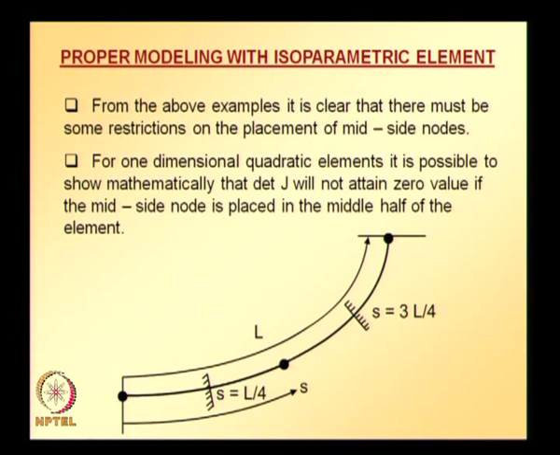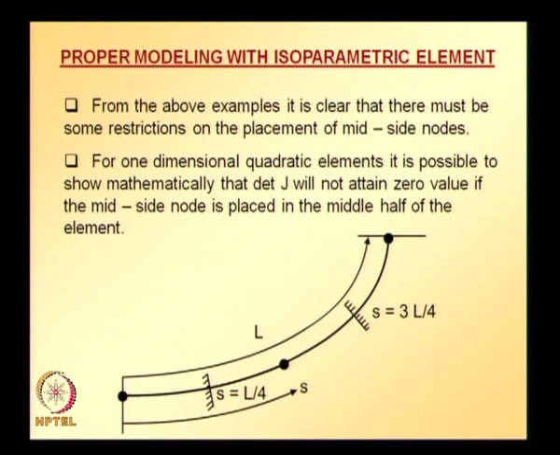If you have an edge of length L, then excluding the two extreme end nodes, the location of the mid-side node should be between L over 4 and 3L over 4, where s is measured from one of the extreme nodes, and L is the total length of that side. So this is the requirement if the determinant of J should not be equal to 0.